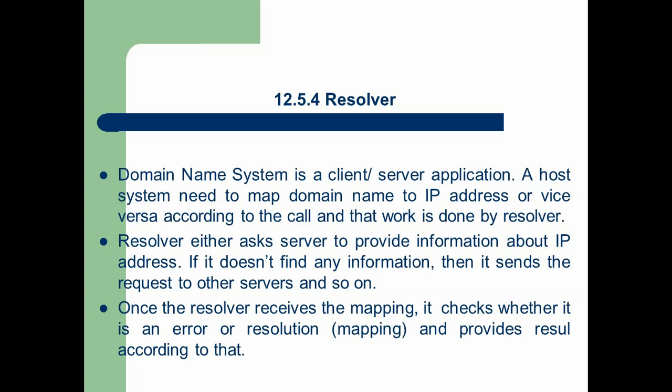If it does not find any information, then it sends the request to another server and so on. Once the resolver receives the mapping, it checks whether it is an error or a resolution and provides a result accordingly. So the resolver is software which is used to check the domain names and their respective IP addresses.